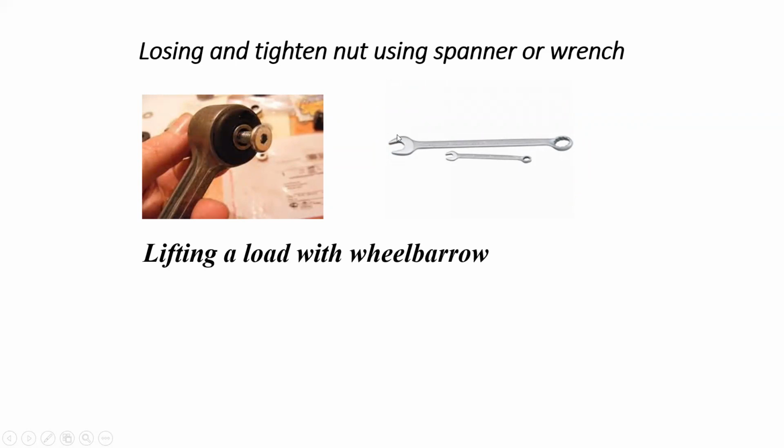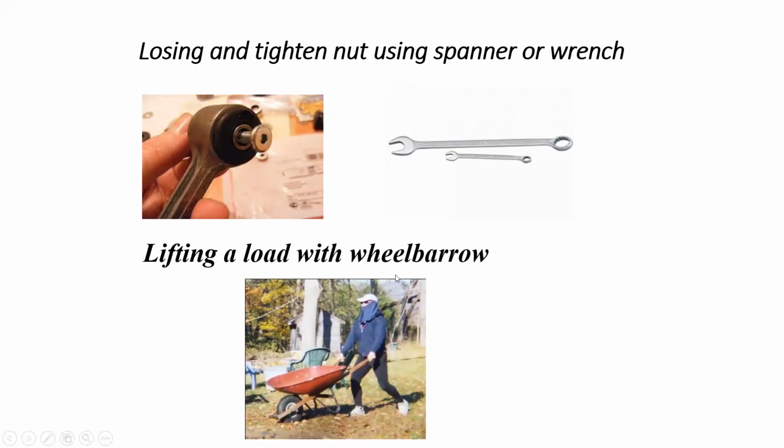Same thing, lifting a wheelbarrow. Like a laborer lifting a wheelbarrow, that is also an example of a moment. How is it an example of a moment? He can drag this, he can move this wheelbarrow forward and backward. That is not a moment. But when he is lifting it, that is a moment. For example, this is a tire, so this is a fixed point.